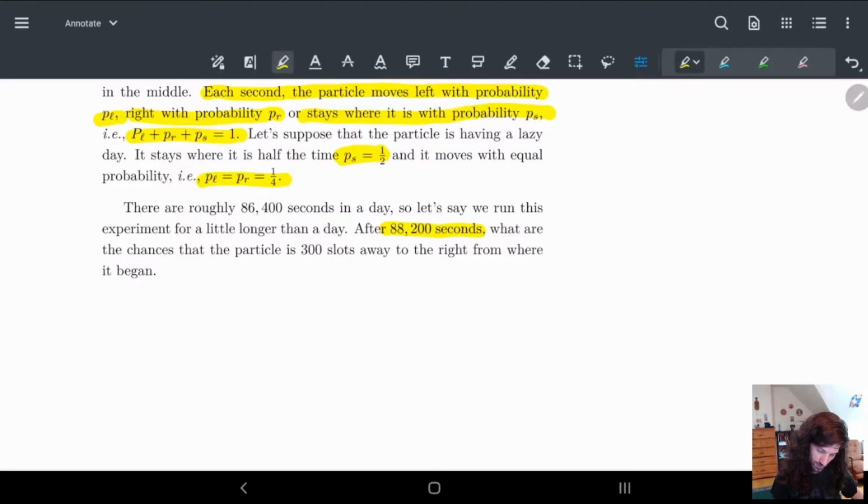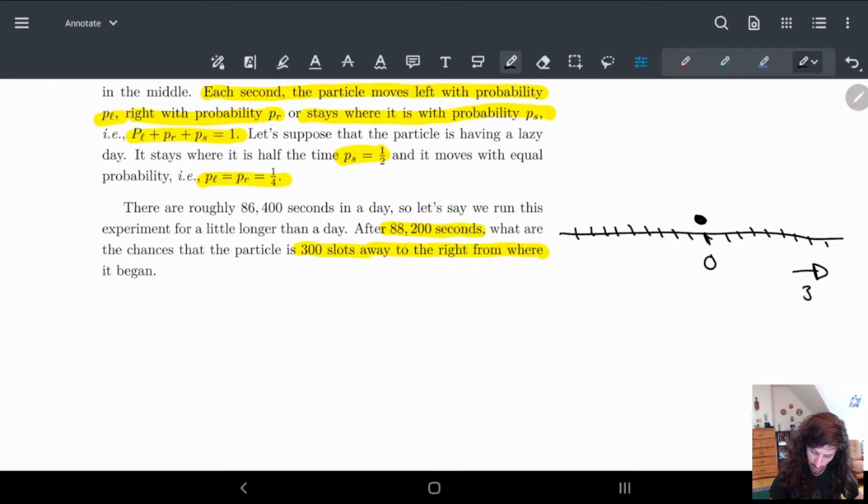And we're going to ask the probability that the particle is 300 slots away to the right from where it began. So let's visualize this. So here I have my slots. Here is my 0. So this is where my ball, or my particle, starts. And I want to know 300 to the right.